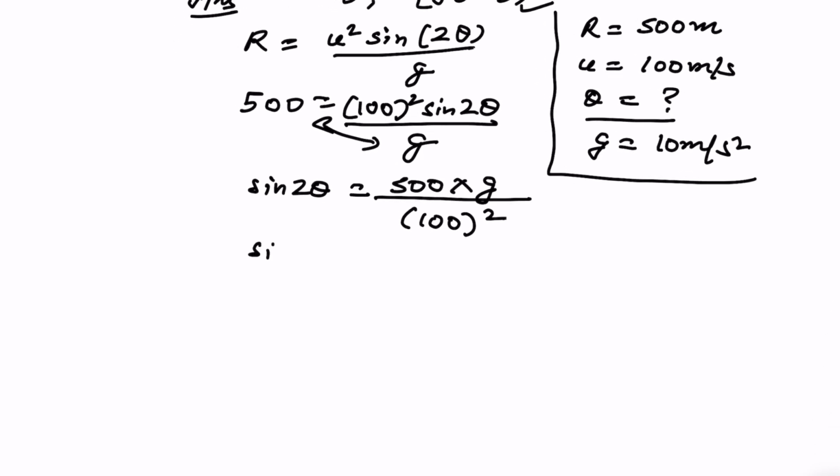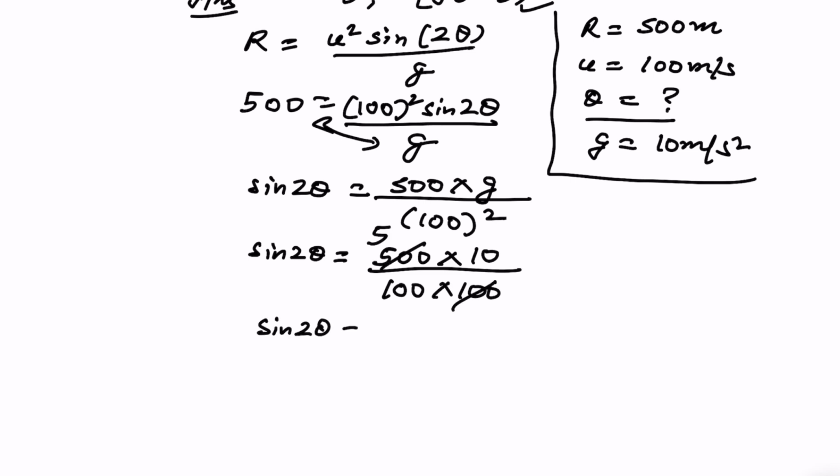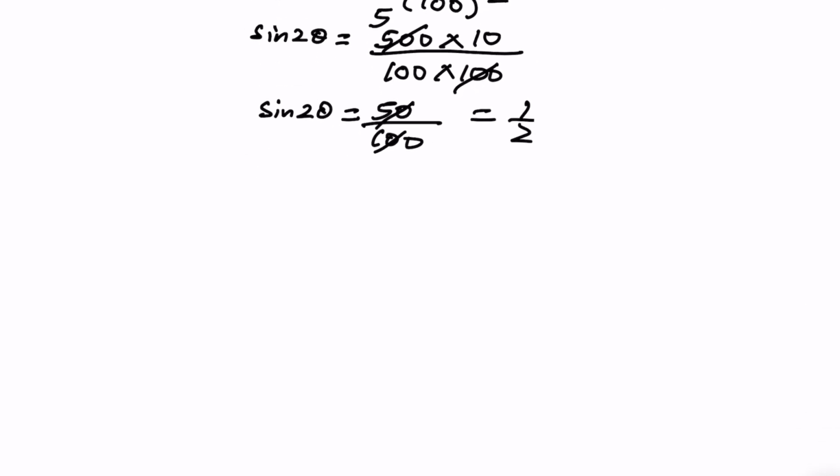Now the value of g is given to us as 10. So 500 into 10 divided by 100 into 100. So that is 50 upon 100, which is 1 by 2.